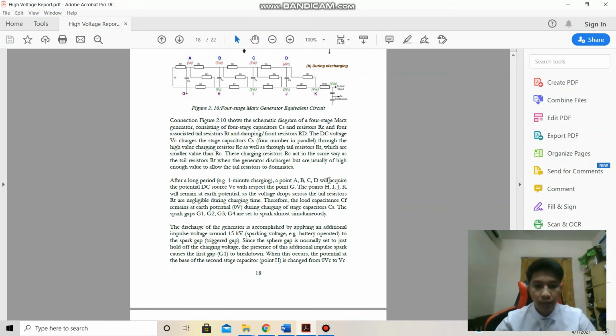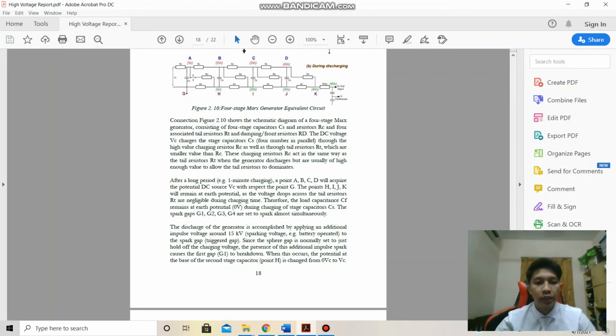At points A, B, C, D will acquire the potential of the DC source V with respect to point G. You see, point G and points H, I, J, K will remain at earth potential, because of the voltage drop across the tail resistor during the charging time. Therefore, the load capacitor remains at earth potential, 0 volt, during the charging of the stage capacitors.